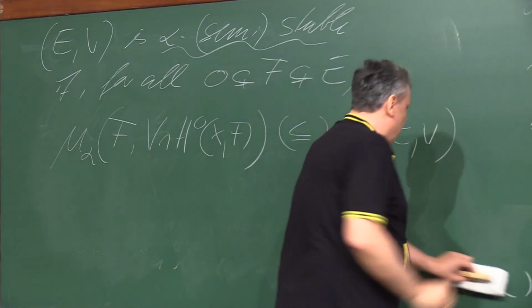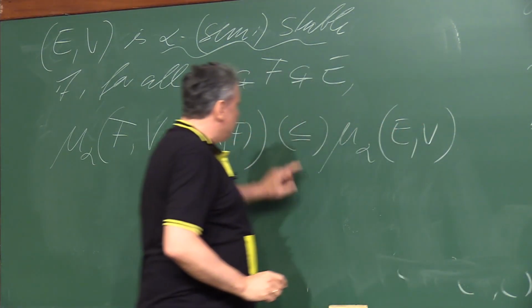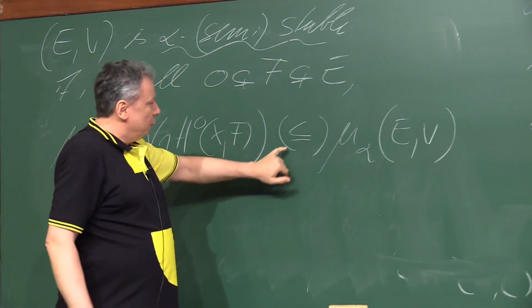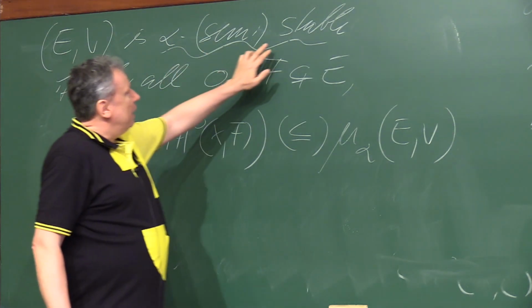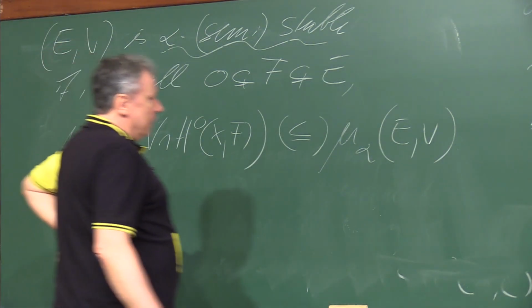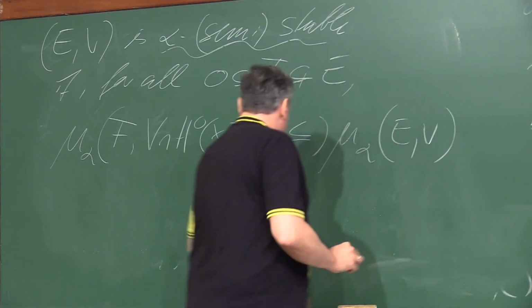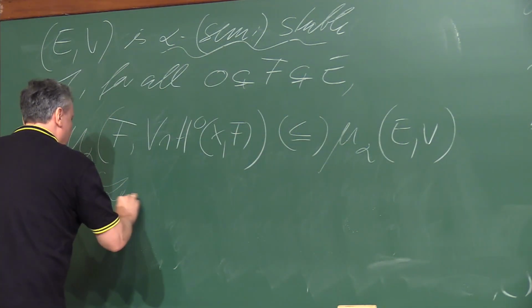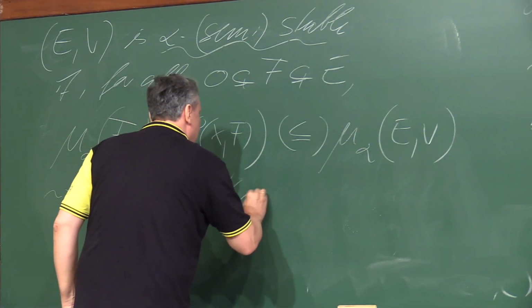So I apply the slope to these two coherent systems. So this notation means if you would like to define alpha semistable, you use less than or equal to. And if you want to define alpha stable, you use the strict inequality. Okay, and then there is work of many people, and most well known is the work of Le Potier and King and Newstead.